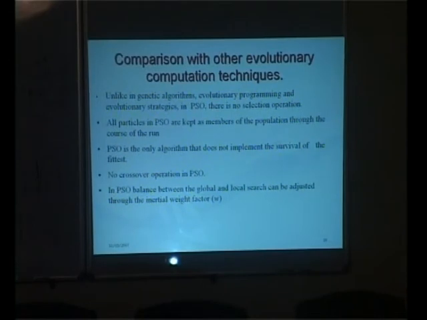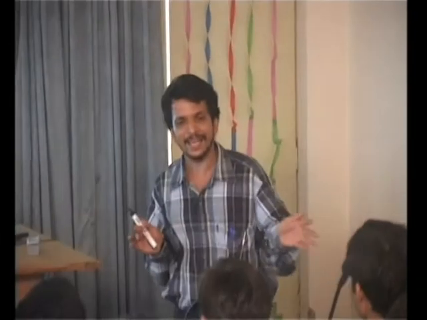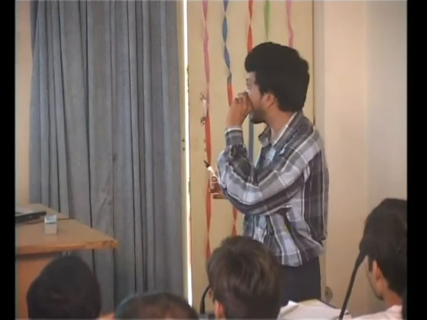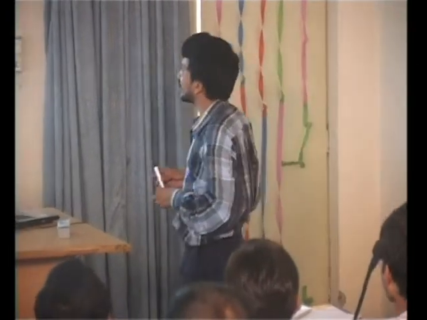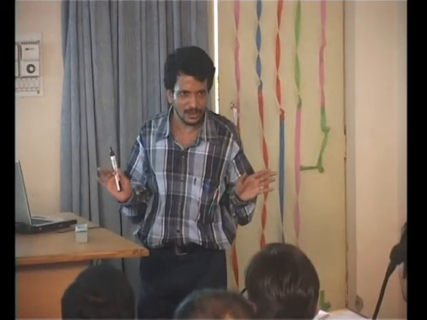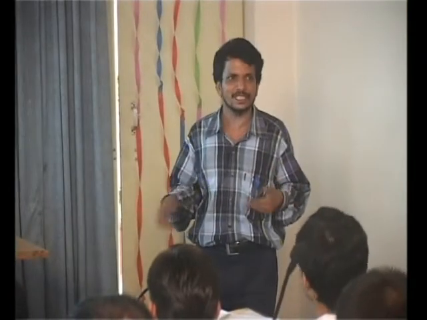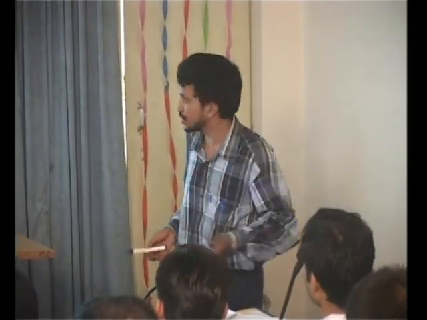There is no question of die-out, no question of survival of the fittest. PSO is the only algorithm which does not implement survival of the fittest. And there is no crossover operation; this is simply updating the velocity.